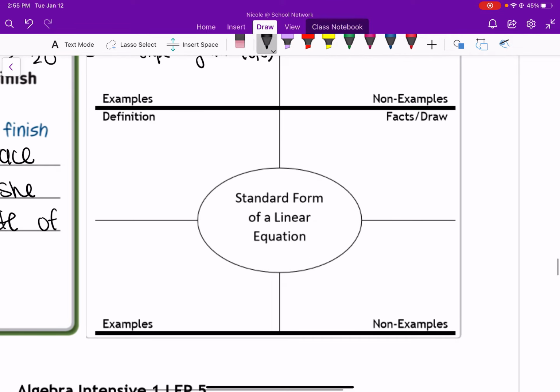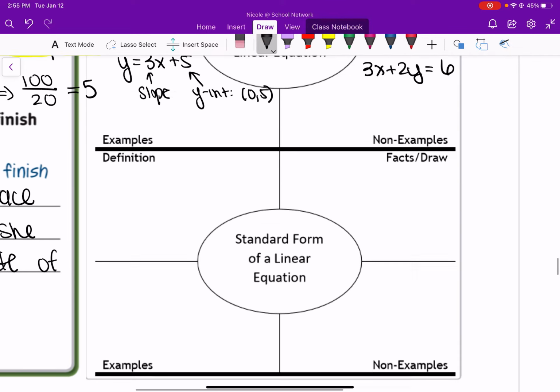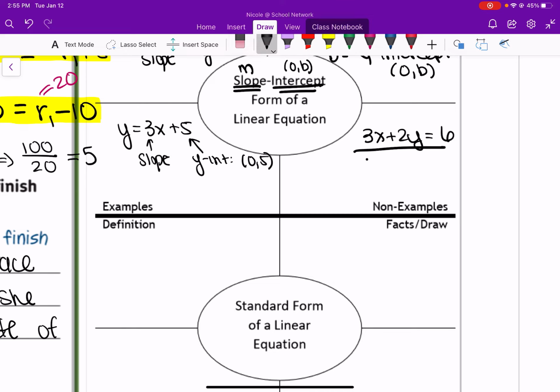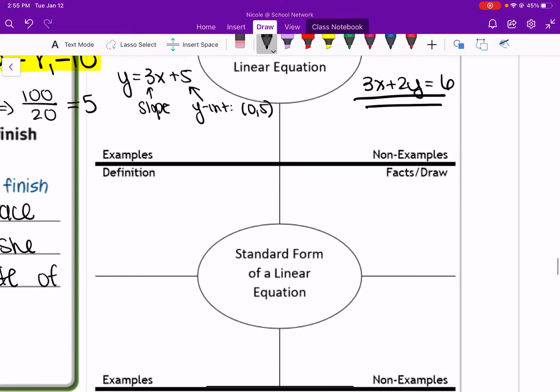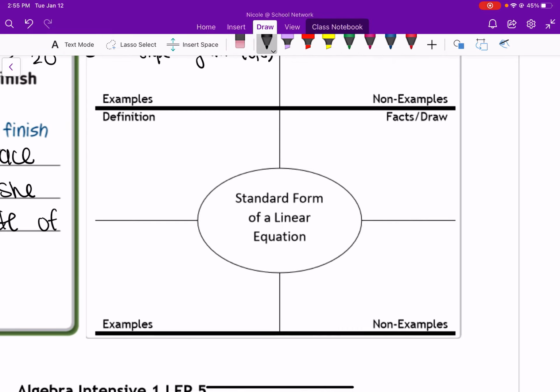Moving on to standard form of a linear equation. Standard form is like this guy, what I wrote here. It's in the form ax plus by is equal to c, where a, b, and c are real numbers. Again, the only variables are my x and y.